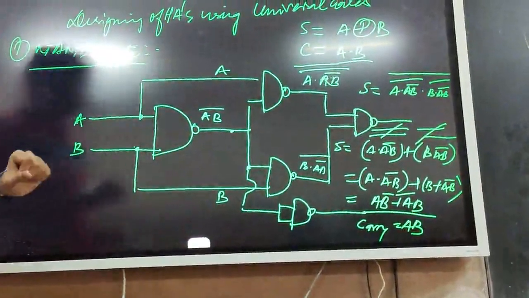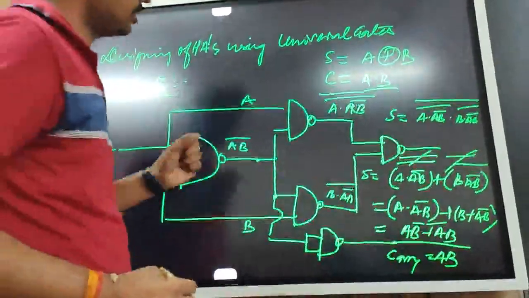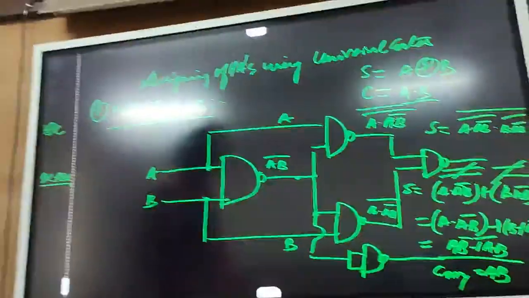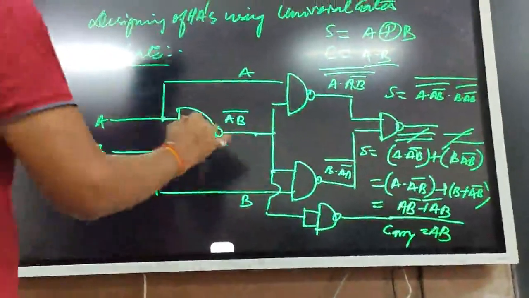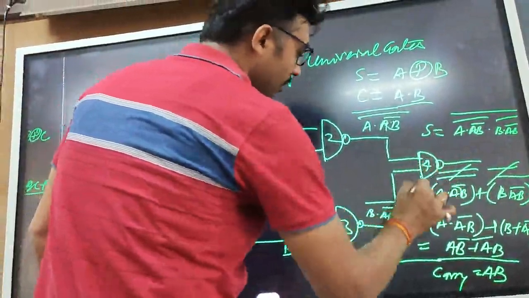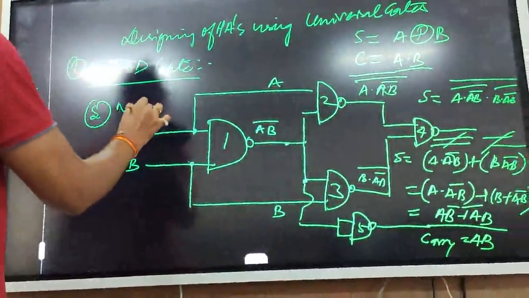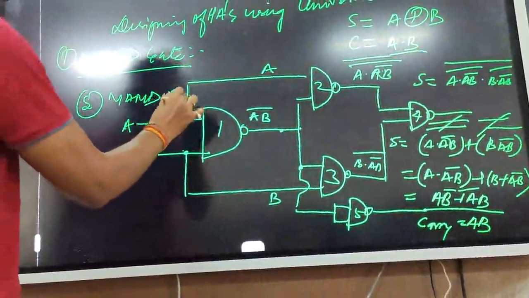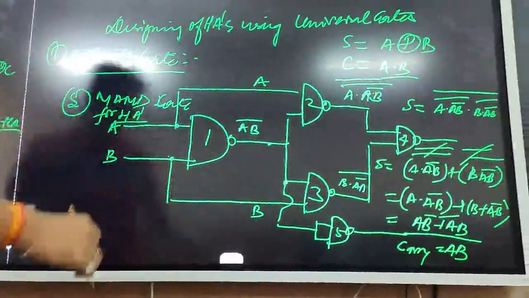So in this way, the basic question asked during the GATE and IES competitive examination, that how many NAND gates you will require for the designing of half adder, is total 5 gates. 1, 2, 3, 4 and 5. So we need 5 NAND gates for implementation of half adder.